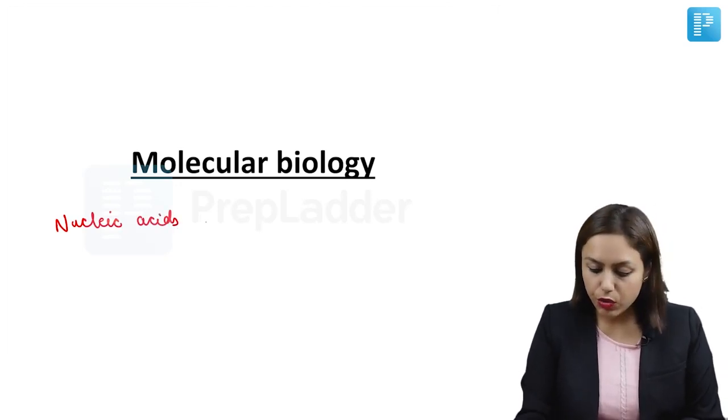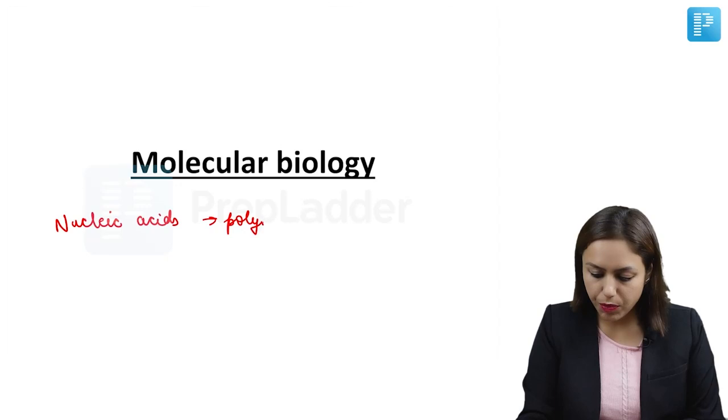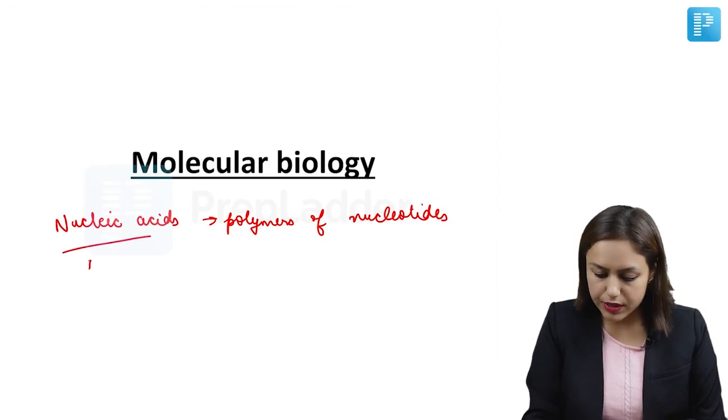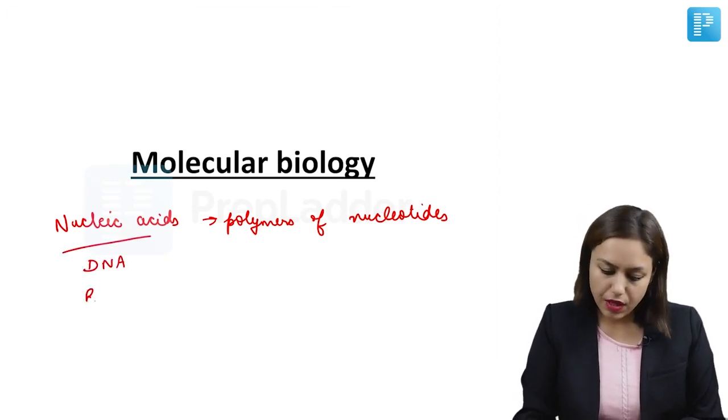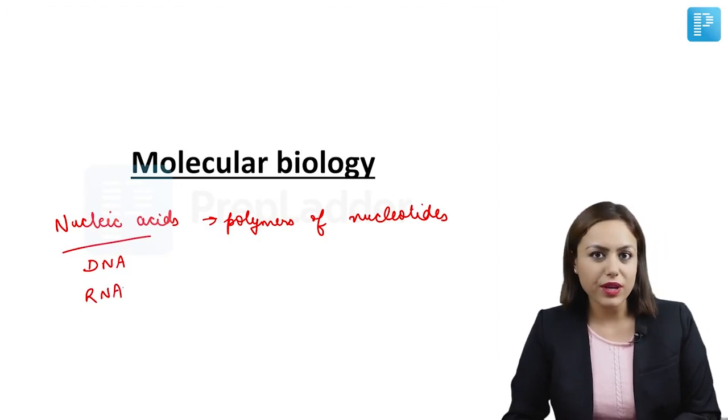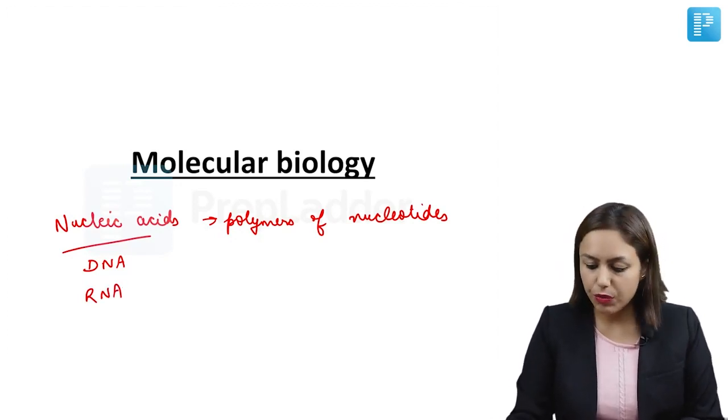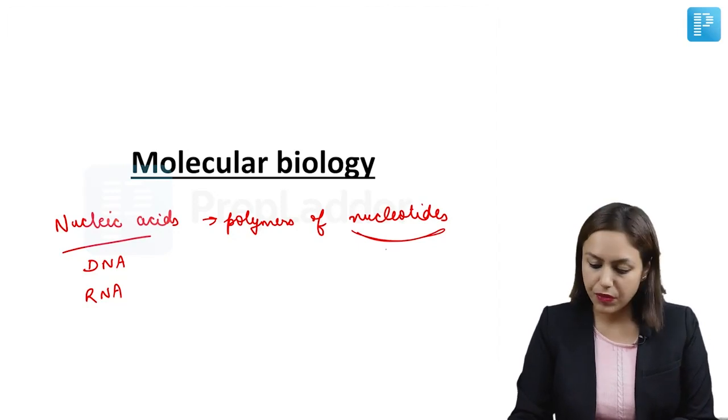So in molecular biology, we will study nucleic acids. Now, nucleic acids are polymers of nucleotides. Nucleic acids, for example DNA, deoxyribonucleic acid, and RNA, ribonucleic acid, are polymers of nucleotides.